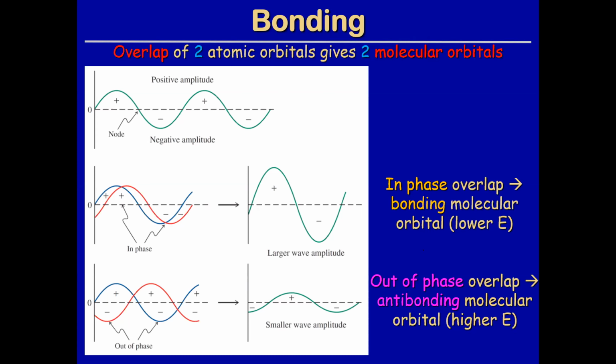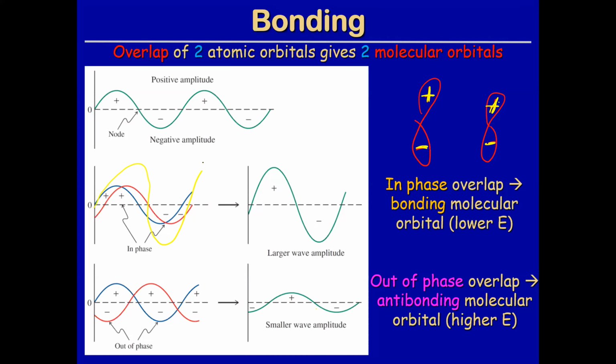Now, in phase meaning that, let's recall, we've given the p orbitals a plus and a minus. So, if the plus overlaps with a plus, there will be a bigger peak, a bigger amplitude.